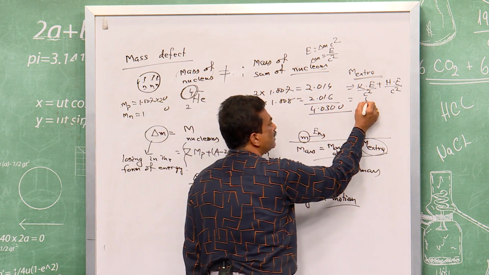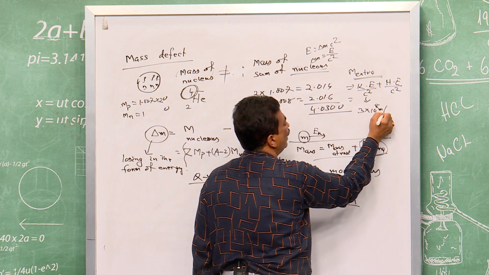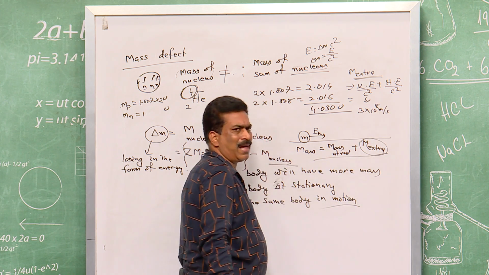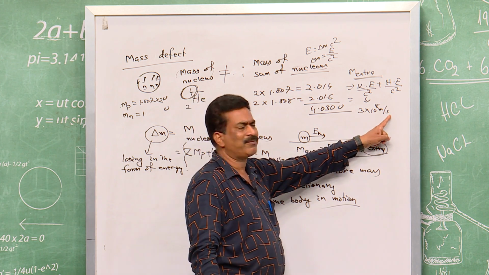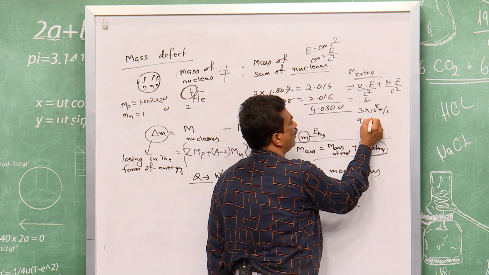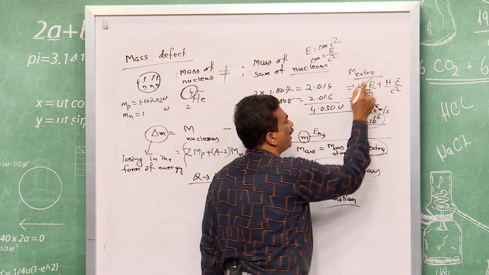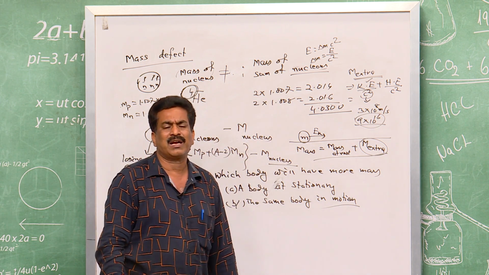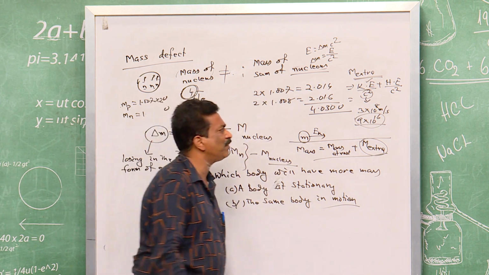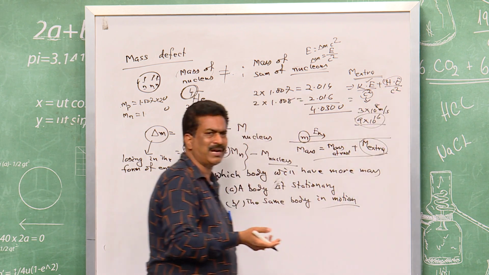And the value of c you know is equal to 3 into 10 to the power of 8 meter per second. If it is 3 into 10 to the power of 8, you will take its square, that is 9 into 10 to the power of 16, and when the kinetic energy is divided by this 9 into 10 to the power of 16, that value will be very, very negligible. Similarly, with the heating effect, that value will be very, very negligible.